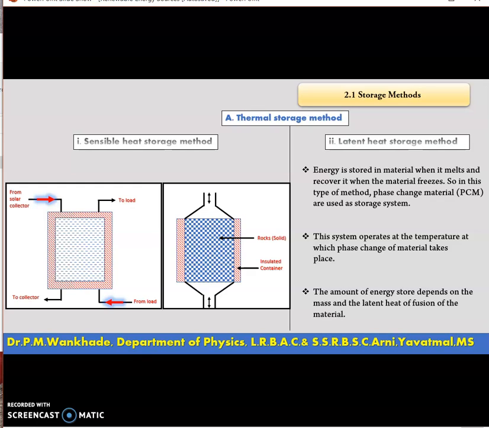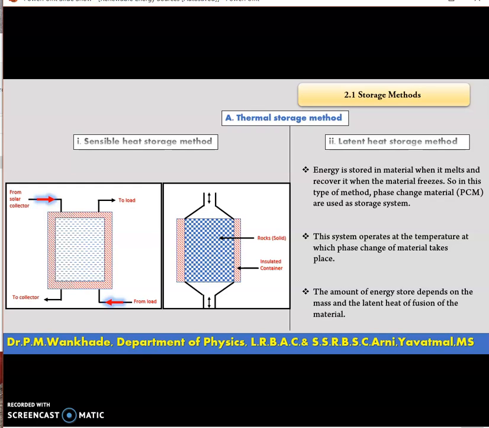Depending upon the above mentioned possibilities, we have to store the energy. Energy storage methods are used to collect the energy generated by solar conversion systems, thermal or photovoltaic, in order to use it later on demand.